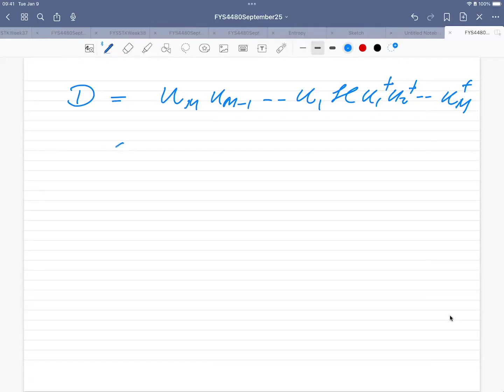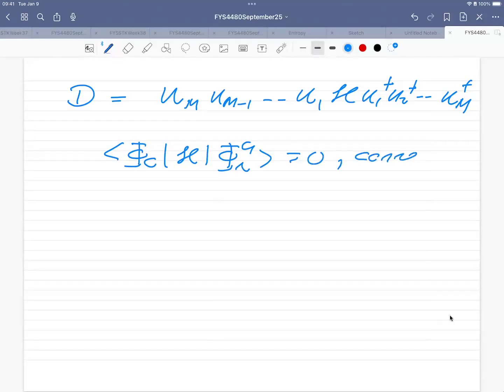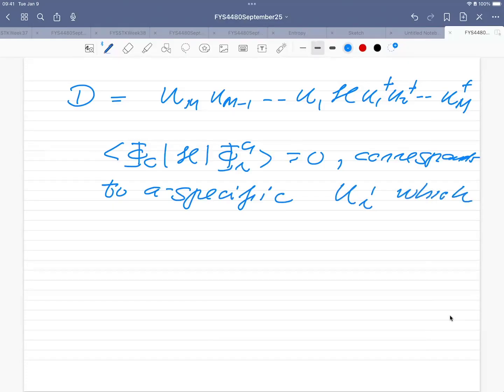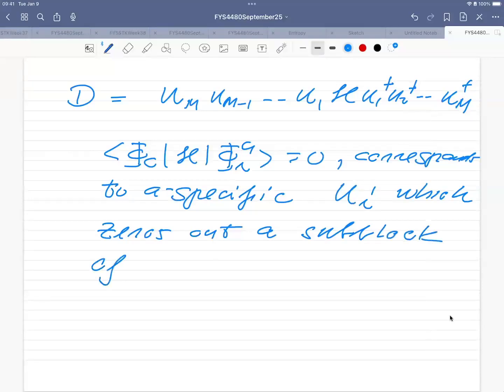So setting this block here, phi 0 of H to the phi I of a equal to 0, corresponds to a specific U of I, which zeroes out a sub-block of the Hamiltonian matrix.